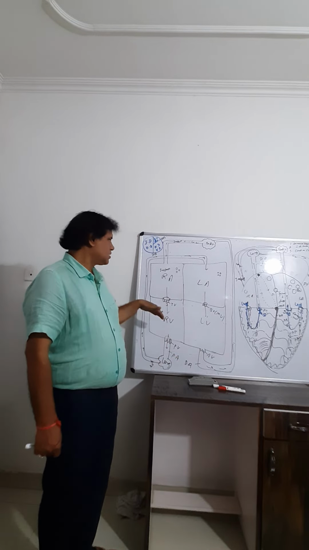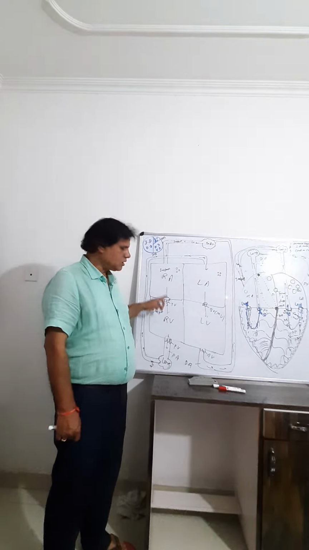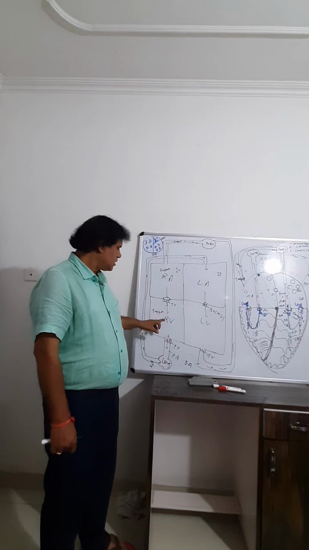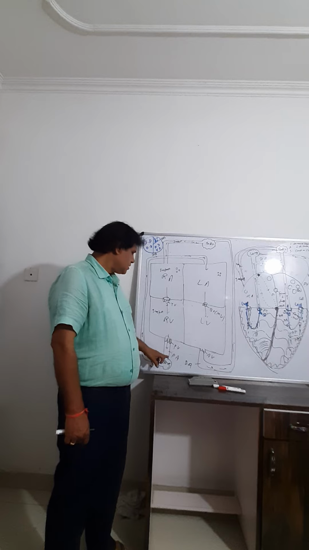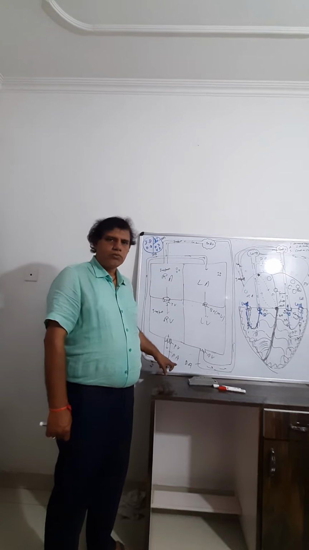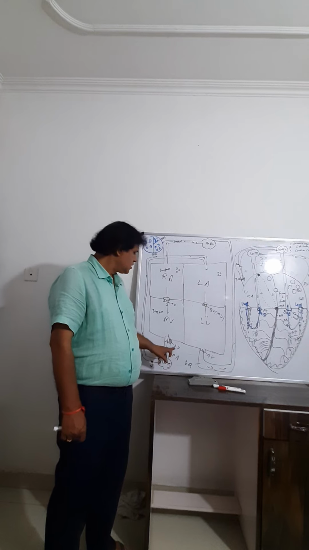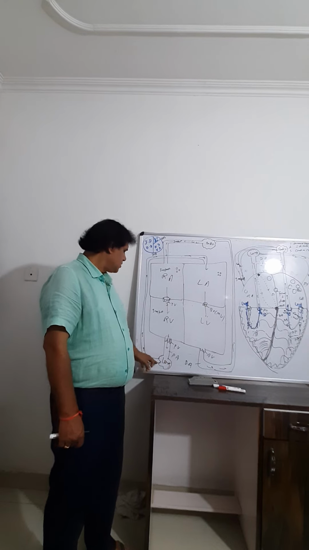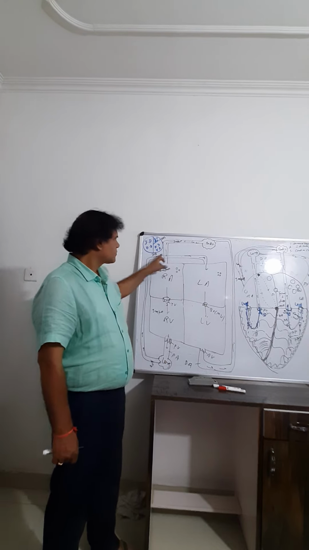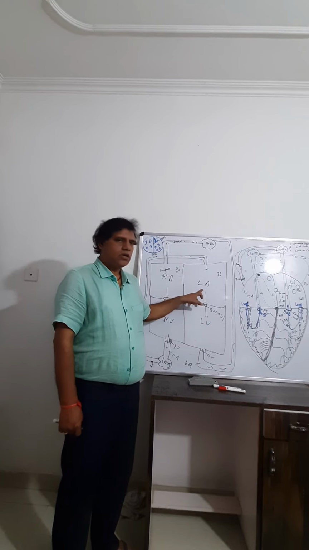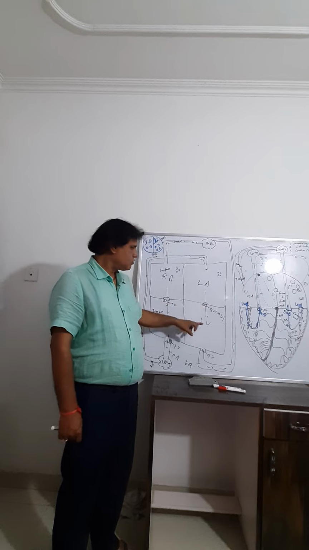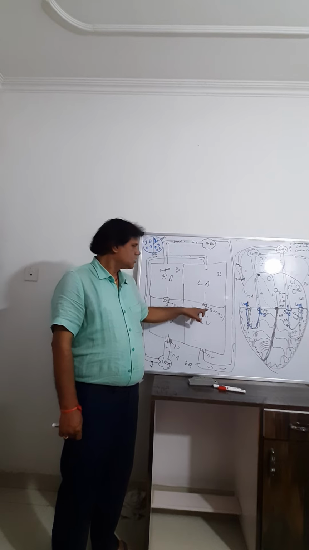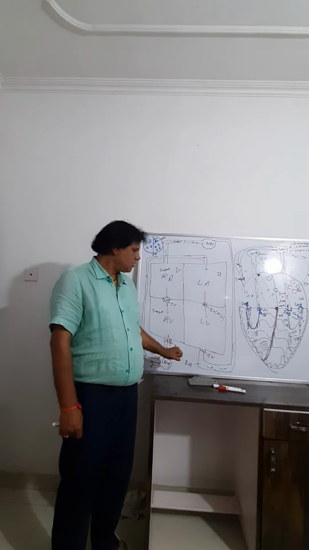So the double heart circuit means the right auricle opens into the right ventricle, guarded by the tricuspid valve, and the right ventricle goes to the lung through the pulmonary artery with the help of the pulmonary valve. Then the lung opens into the left auricle through the pulmonary vein, and the left auricle to the left ventricle is guarded by the bicuspid or mitral valve.